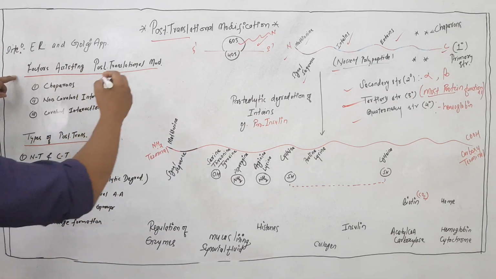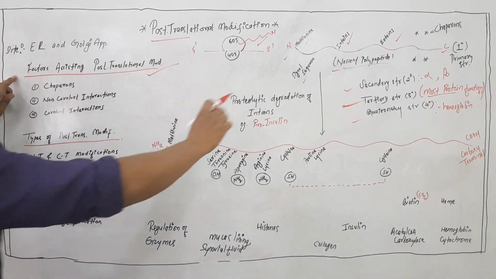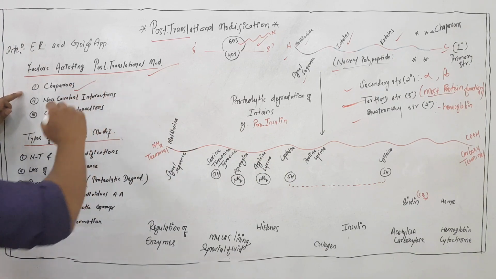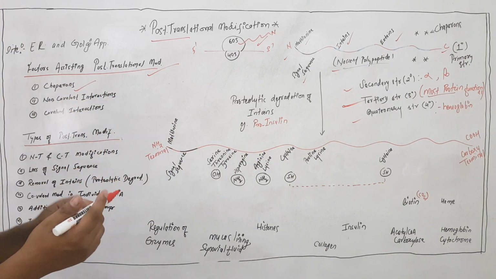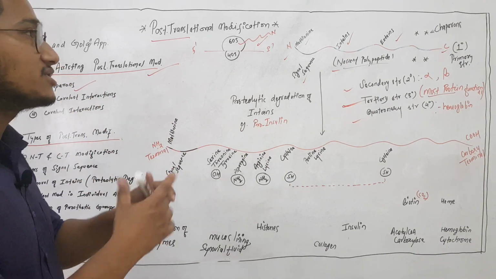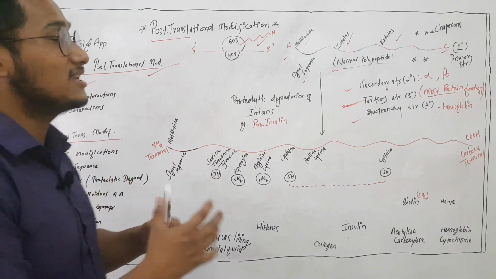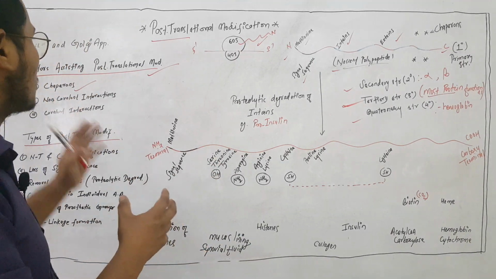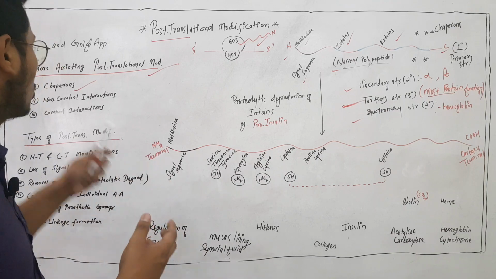The very first thing we have to understand is the factor like chaperones. Chaperones, we know, are the heat shock proteins, or stress proteins. These proteins generally are produced during stresses, and that's how the scientists came to know about chaperones.